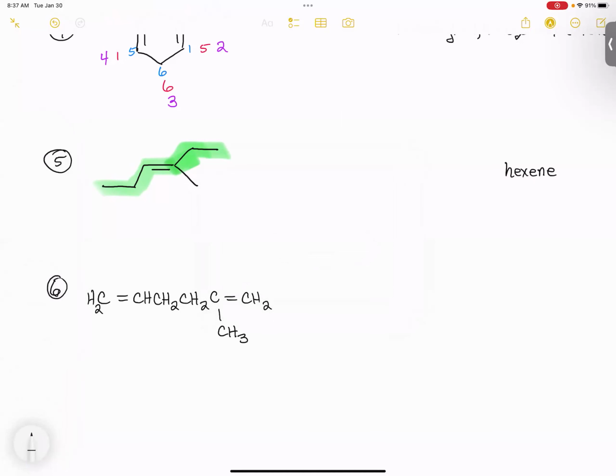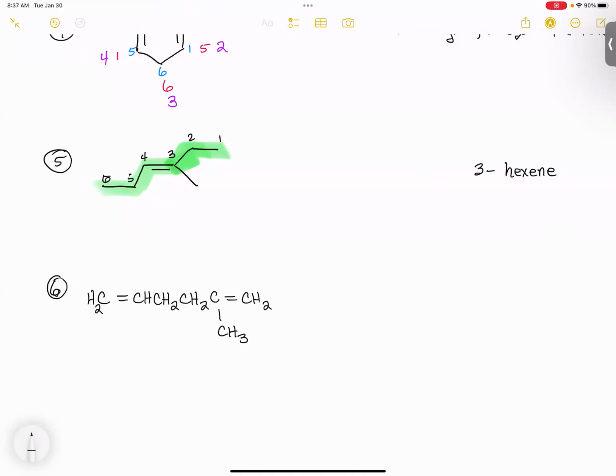Where do I start numbering? The right. Why? Substituent will be the lowest. 1, 2, 3, 4, 5, 6. So it is a 3-hexene, because that's where the double bond is.